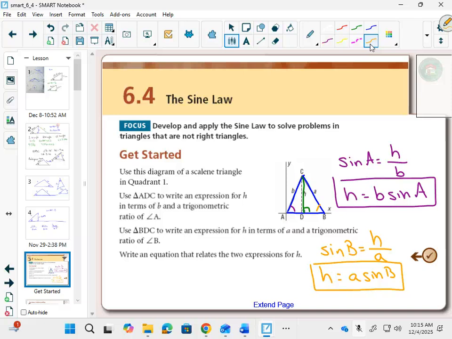And we just did something that has huge mathematical implications. What we just figured out is if I take the purple box and I take the orange box and I look at them, they're both equal to H. Does this make sense that I could say that B sine A has to equal A sine B?